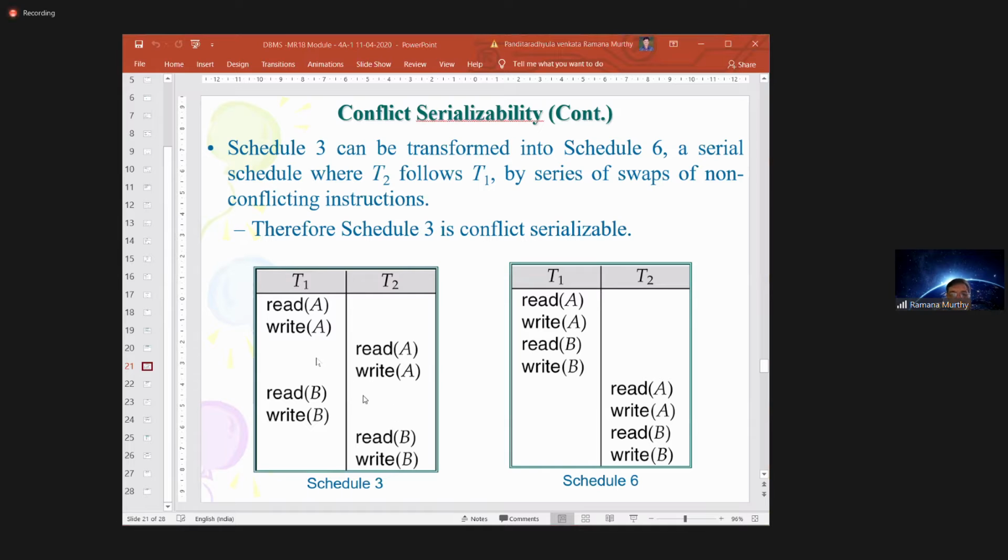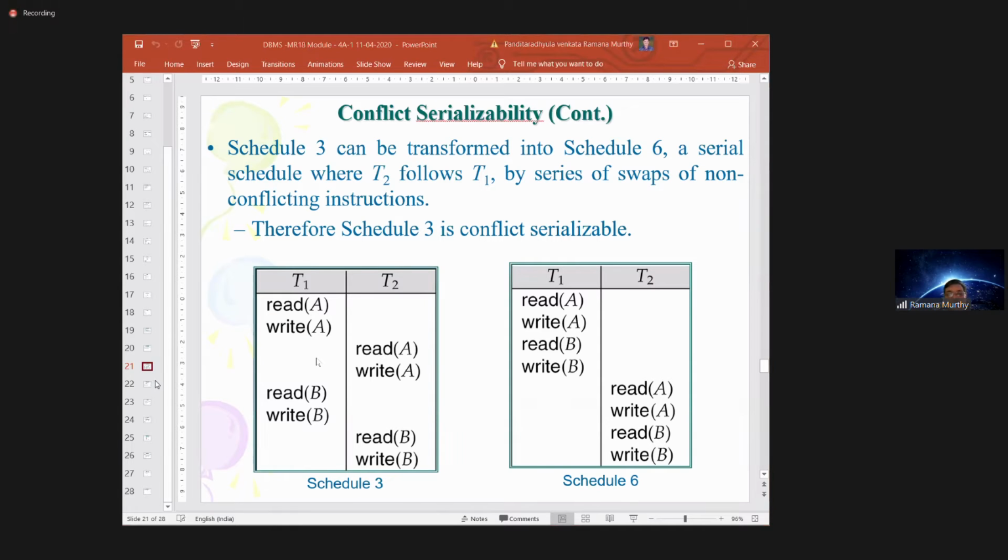Because of the swappings, finally you get this schedule, which is the same as schedule 6, perfectly serializable. So you can say schedule 3 is serializable even though schedule 3 looks like parallel operations.